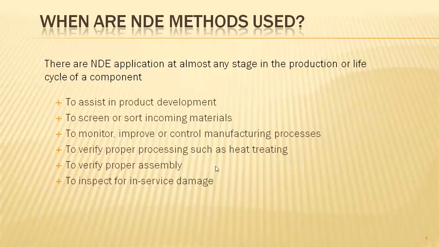And to verify the proper processing such as heat treatment, we have already learned what is meant by heat treatment. Increasing the strength of a particular object is nothing but heat treatment.